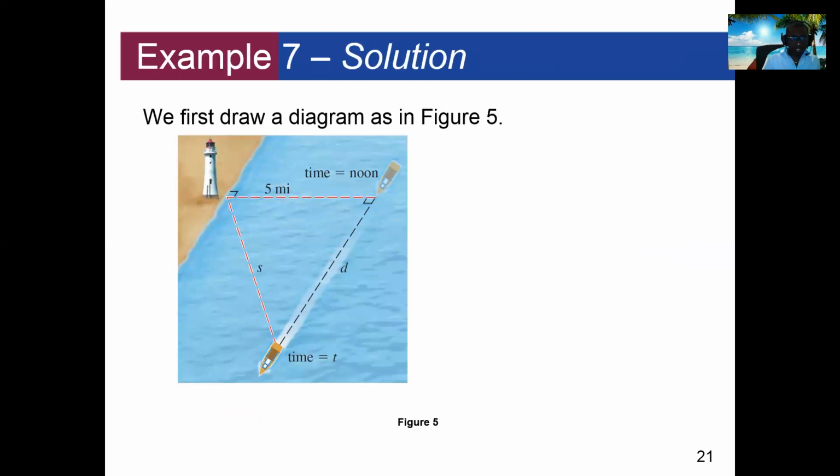So this is the shore. If you look at the diagram, this is my shore, and the ship is traveling parallel to the shore. So if I draw this line and join them, this will be perpendicular to the shore. This would be one side of a right triangle, and this would be the hypotenuse.